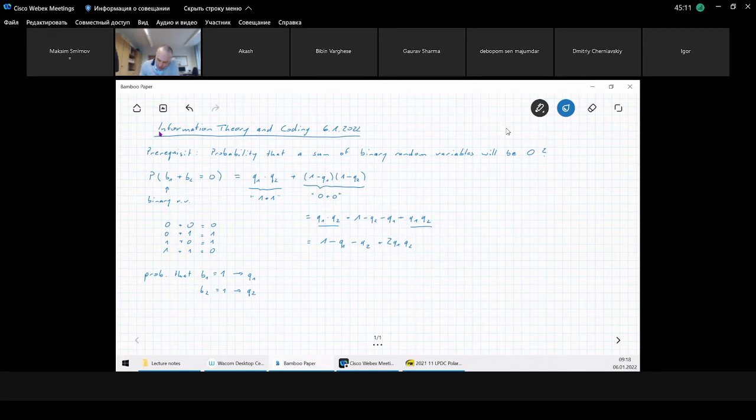And the last step is maybe not so easy to see. Let me write it down and then explain it. 1/2 times (1 plus (1 minus 2Q1)(1 minus 2Q2)). It has a special purpose why I bring it to this form.